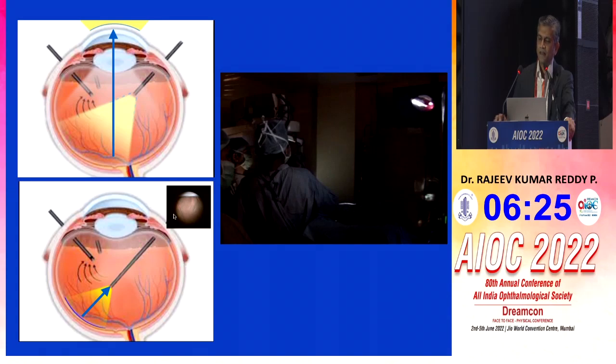The reason why we have an advantage in this is we are bypassing the cornea here. So whatever happens here in the cornea, it doesn't make any difference. You will still be able to see through the camera which you are using.